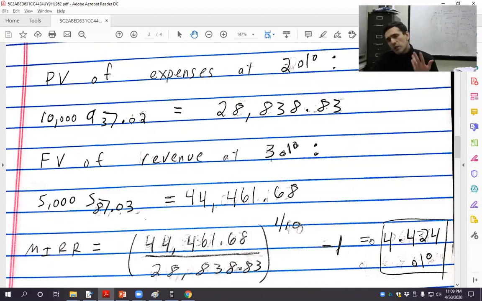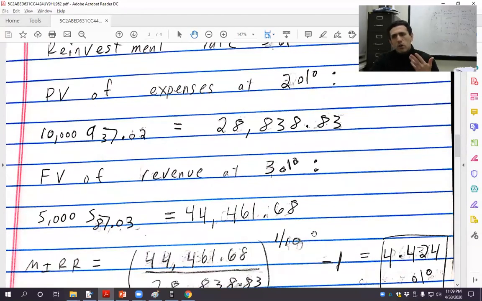I should mention, this is maybe a good example of when these two rates are close, your MIRR is going to be not that far off from the internal rate of return. It's just in the more practical situation, when you have a higher reinvestment rate, that your modified internal rate of return is going to be lower than your internal rate of return, and it's going to be more realistic.